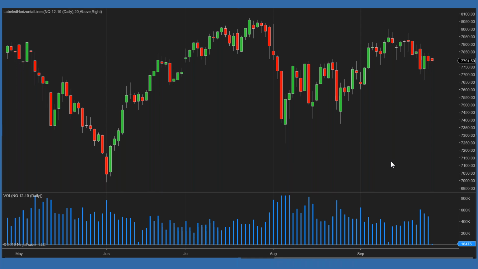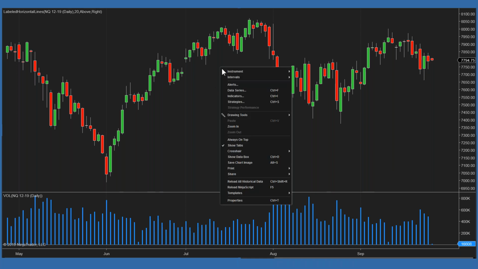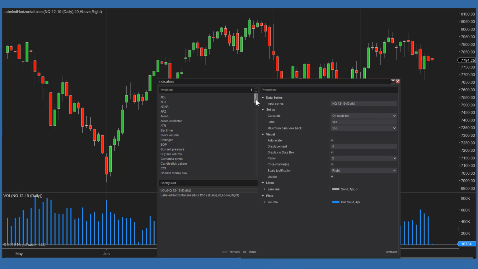So I've been featuring different indicators. Here's the problem though, believe it or not, even with all these indicators available to us, we're starting to run a little bit low on indicators.